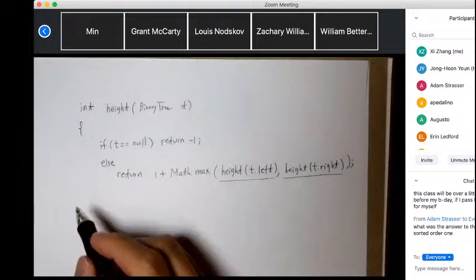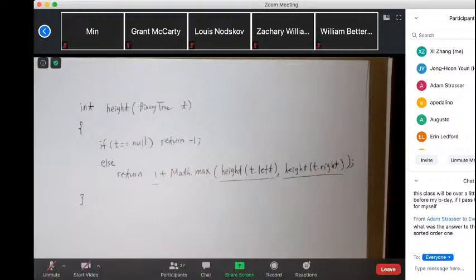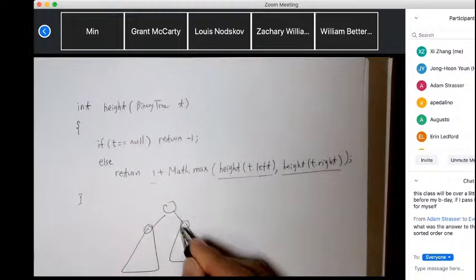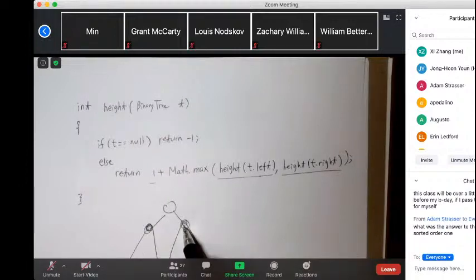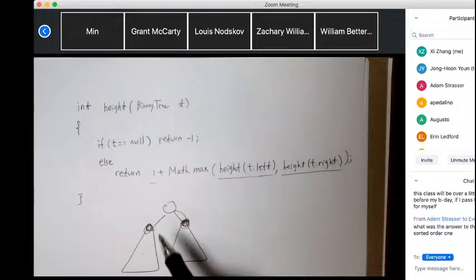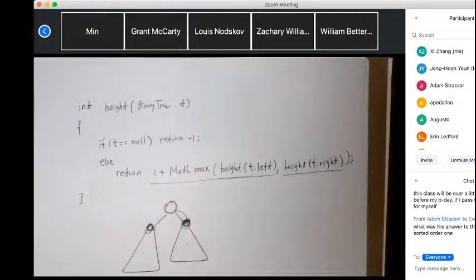So that's the code that can compute the height information. Does that make sense? If you have a tree and it has a left subtree and right subtree, if you know the height of the left subtree root and right subtree root, take the maximum of that plus 1 will be the height of the node here, right? So we just apply this idea, and that's a common implementation to compute the height of the tree.